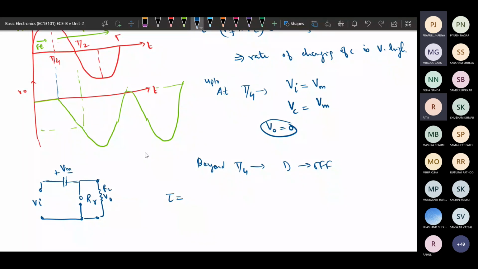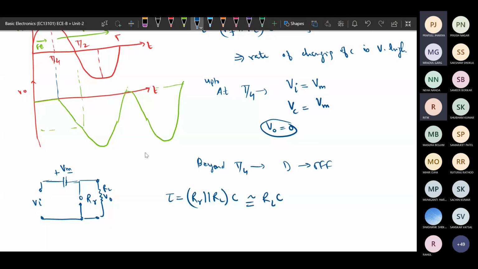So the tau will be R, that is the reverse bias resistance, in parallel with RL, multiplied by C. As this R is very high and this is low, when low and high resistance are connected in parallel, the low resistance will be the significant one. So this comes out to be RL into C. So this tau will be RL into C when the diode is off or in reverse bias.